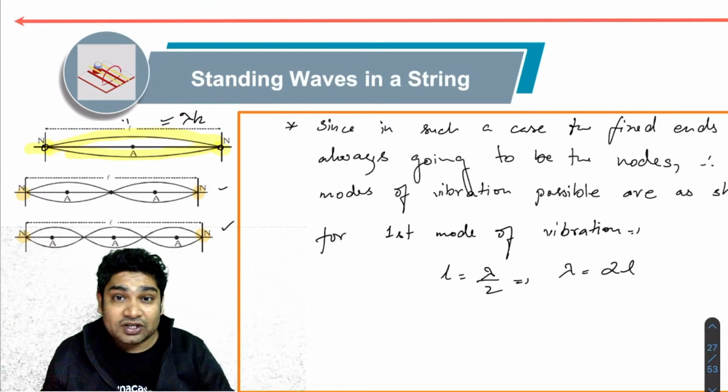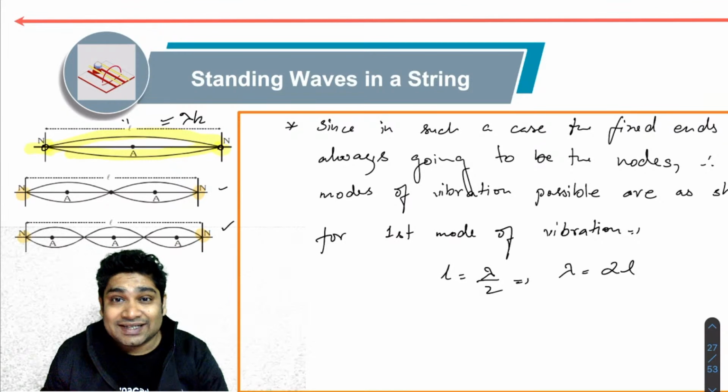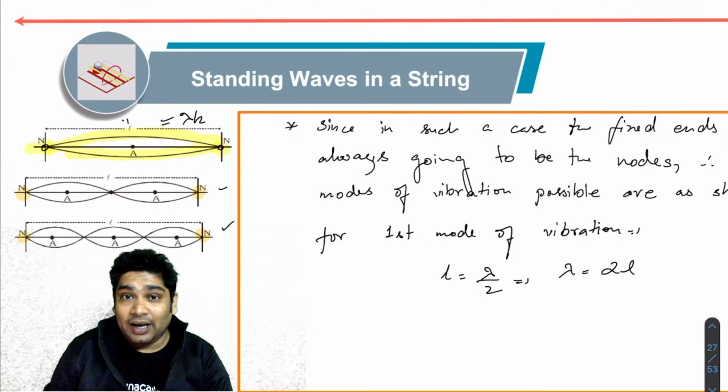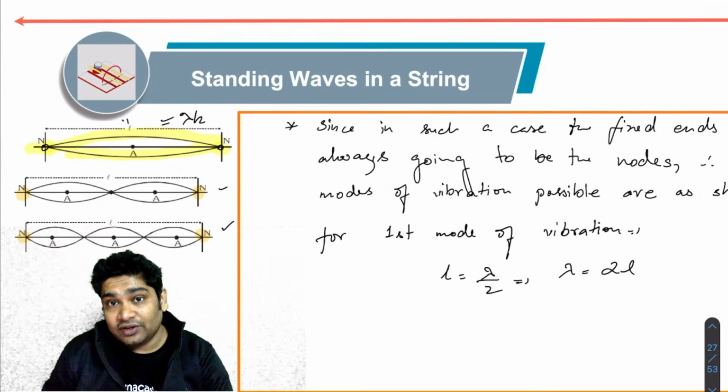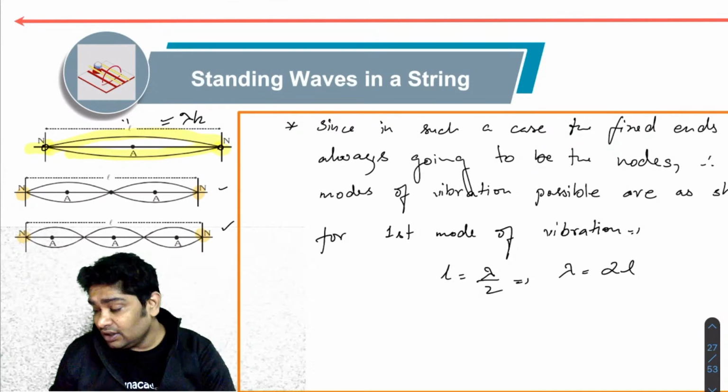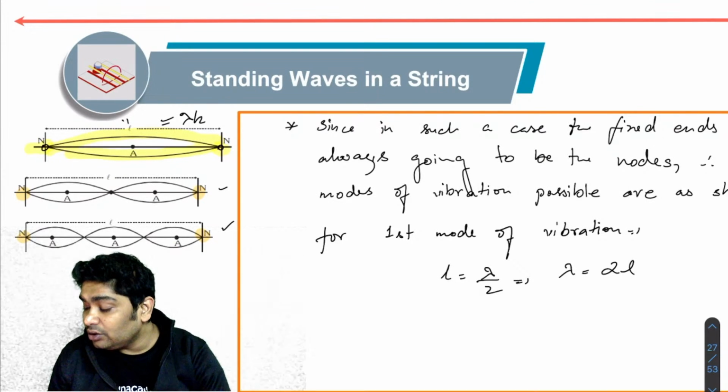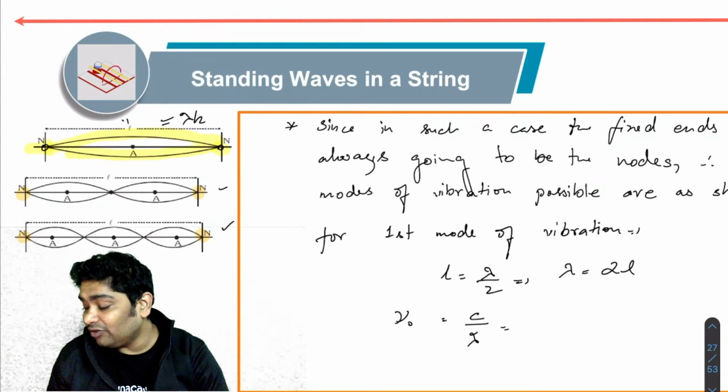Now, if the speed of the wave in the string is c, which is determined, remember, by root of T over mu, so if the tension is fixed and the mu is fixed, then your c is fixed. Then the frequency of the first mode, which is called nu 0, would be c by lambda, or that will be c over 2L.